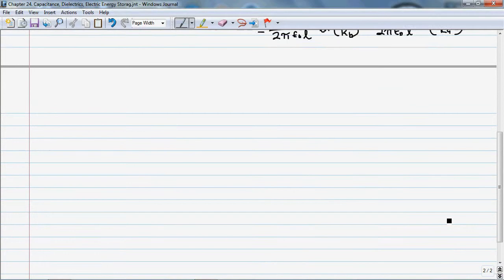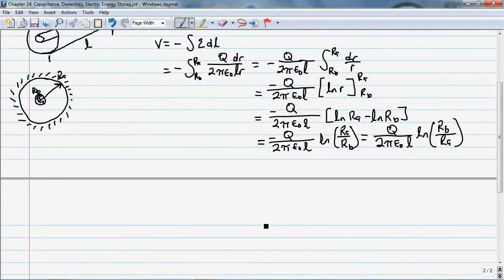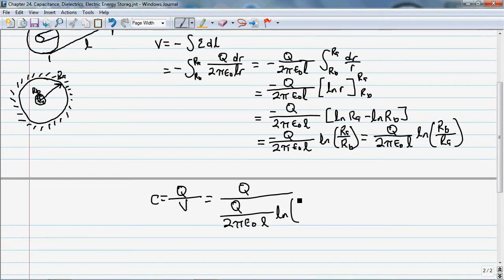Now, we can find the capacitance is equal to Q over V, and that's equal to Q divided by 2 pi epsilon naught L natural log RB over RA.